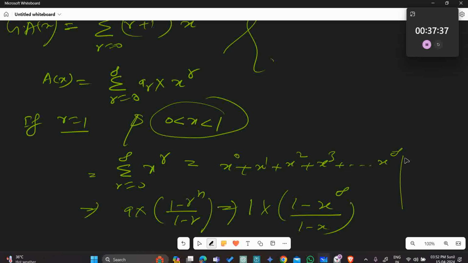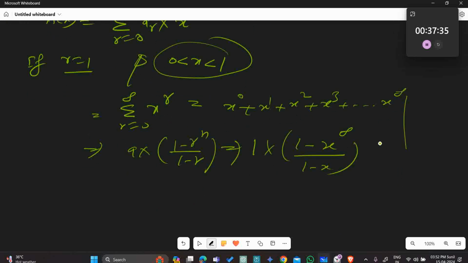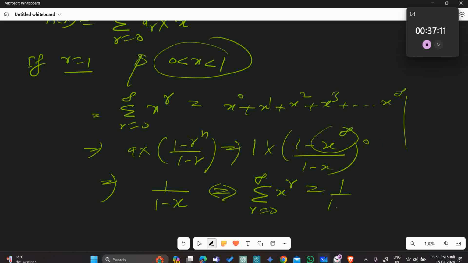Alright. So it is equivalent to 1 minus x to the power infinity, which is 0, times 1 upon 1 minus x. So this is the sum formula: sigma r is equal to 0 to infinity x to the power r is equal to 1 upon 1 minus x when 0 is less than x less than 1.